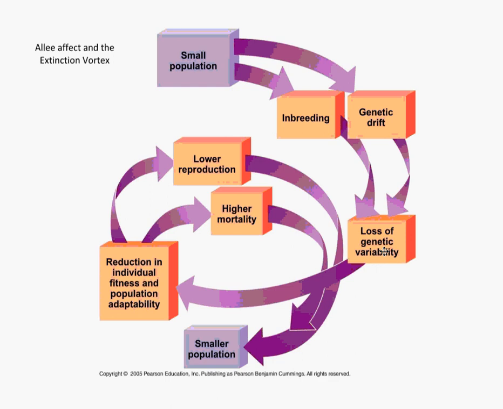There's no genetic variability. This is going to reduce fitness in the population and reduce adaptability, which is going to lower reproduction or raise mortality. So you have a smaller population than you did before, and more inbreeding, more genetic drift. You get the idea. And this leads to this vortex, this extinction vortex. Typically, species that get caught in this aren't able to escape from it without some sort of external help.